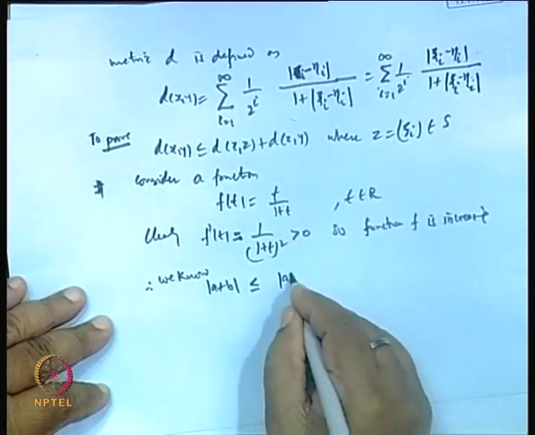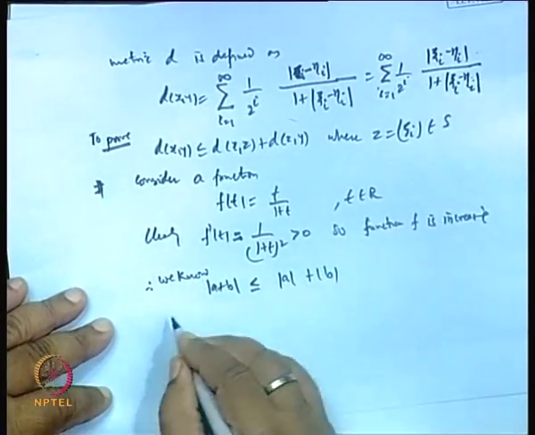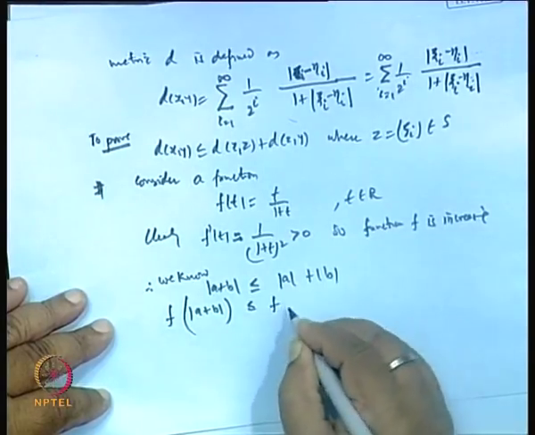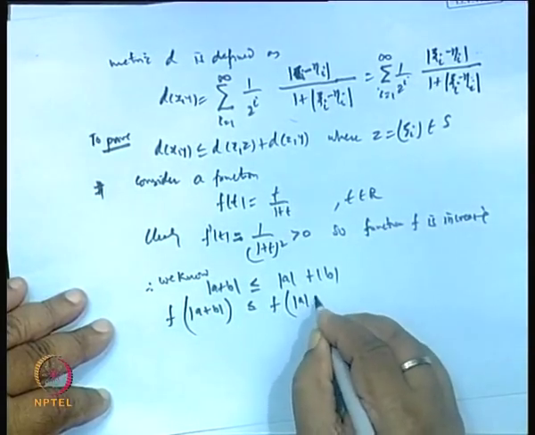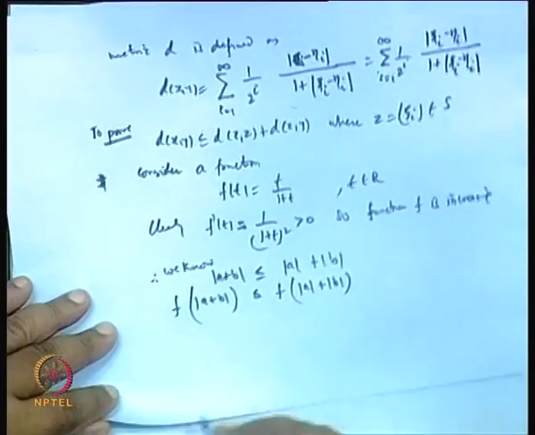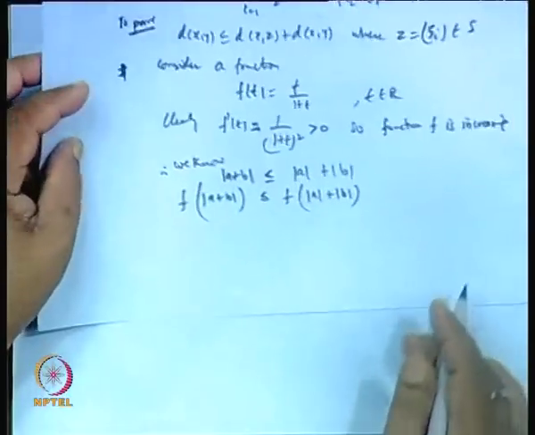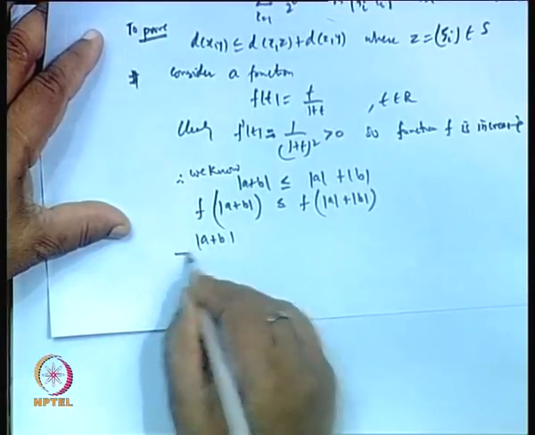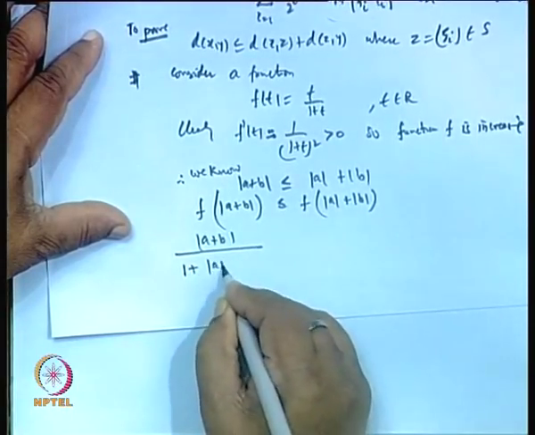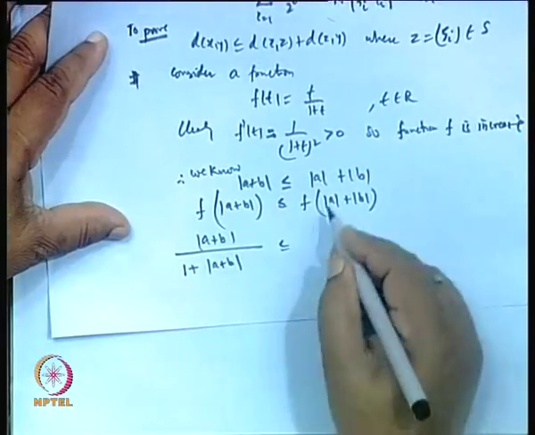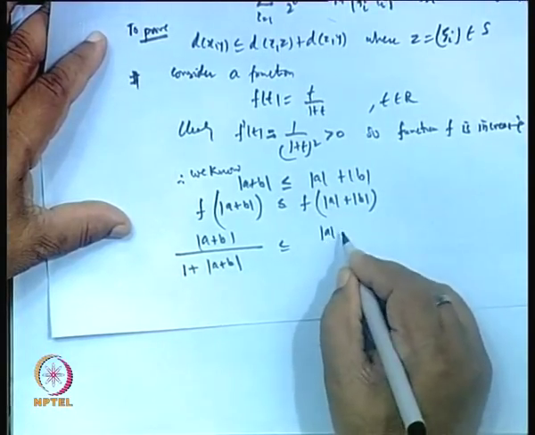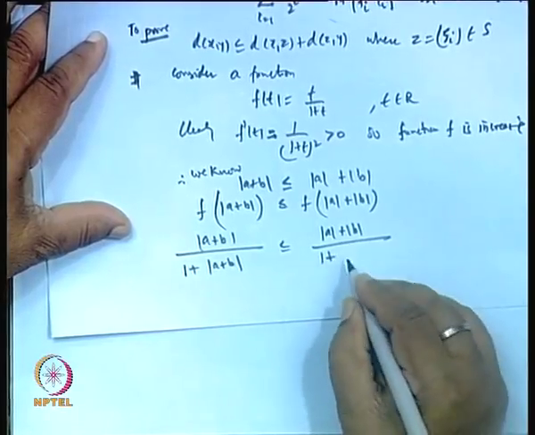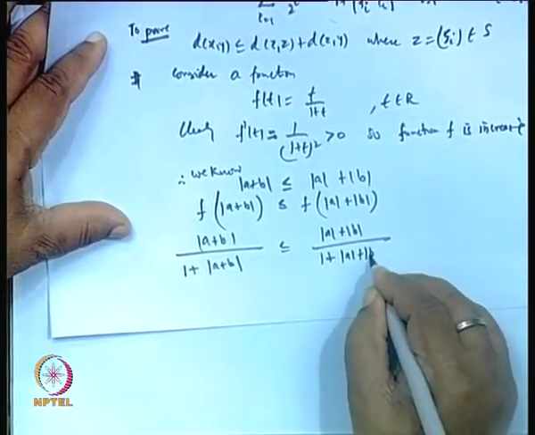Therefore, because we know mod of a plus b is less than or equal to mod a plus mod b, f of mod a plus b is less than or equal to f of mod a plus mod b. If I replace t by mod a plus b, then we get mod a plus b over 1 plus mod a plus b is less than or equal to mod a plus mod b over 1 plus mod a plus mod b.